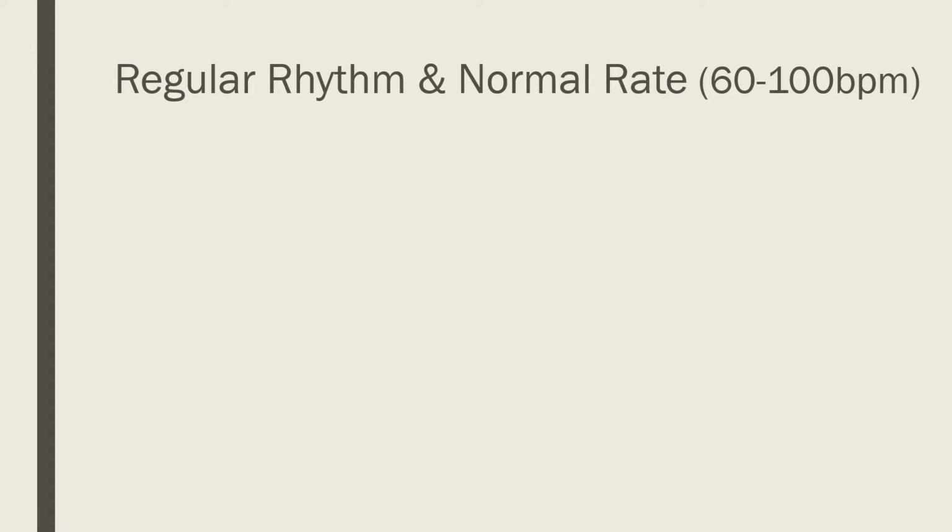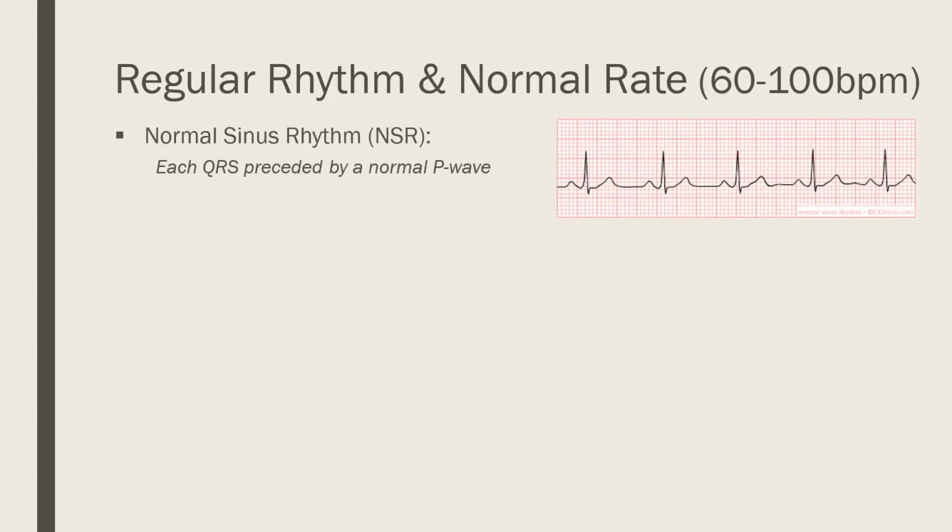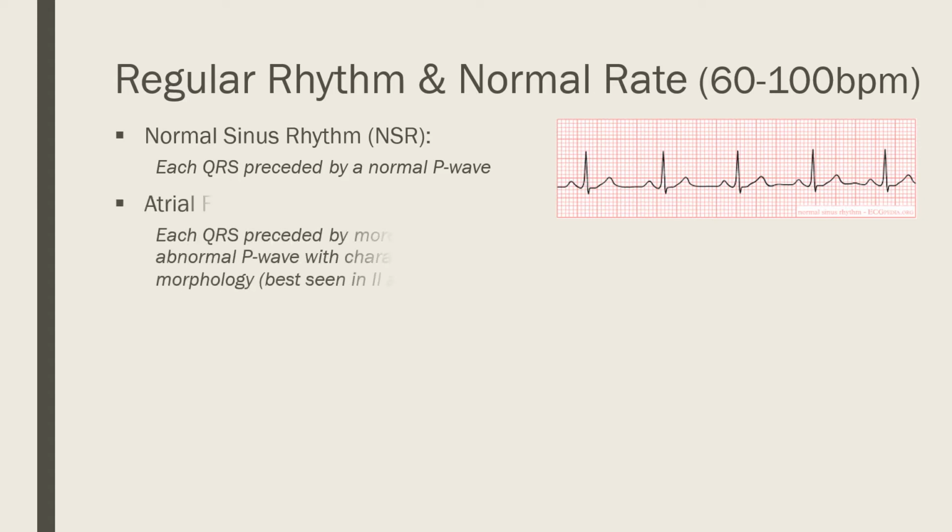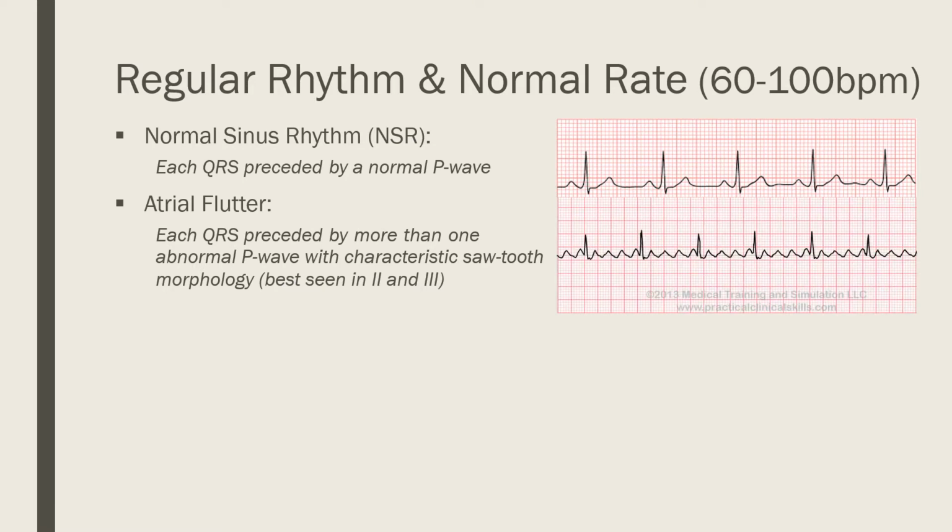Now we will take the types of regular rhythms with normal heart rate between 60 to 100 beats per minute. First, normal sinus rhythm. In this rhythm, each QRS is preceded by a normal P wave, as shown in this strip. Second, atrial flutter.